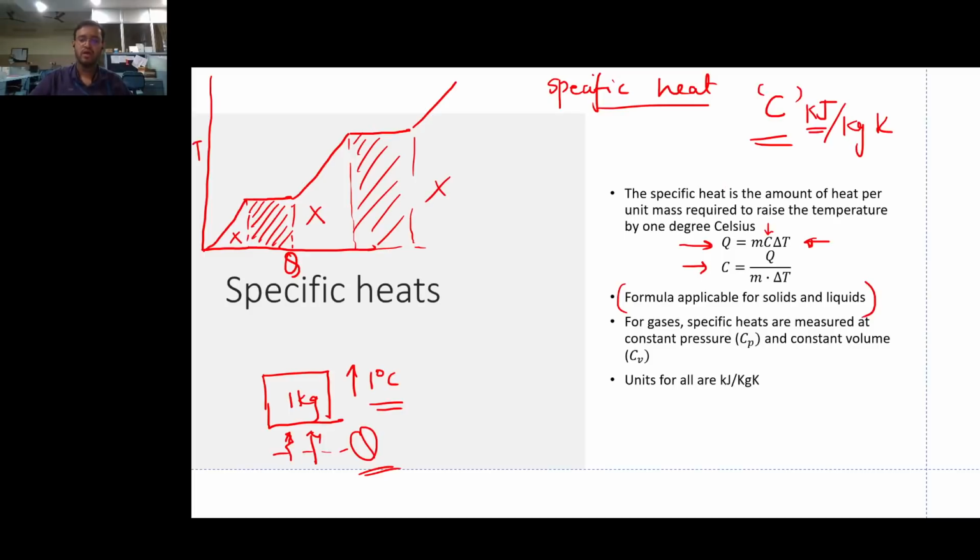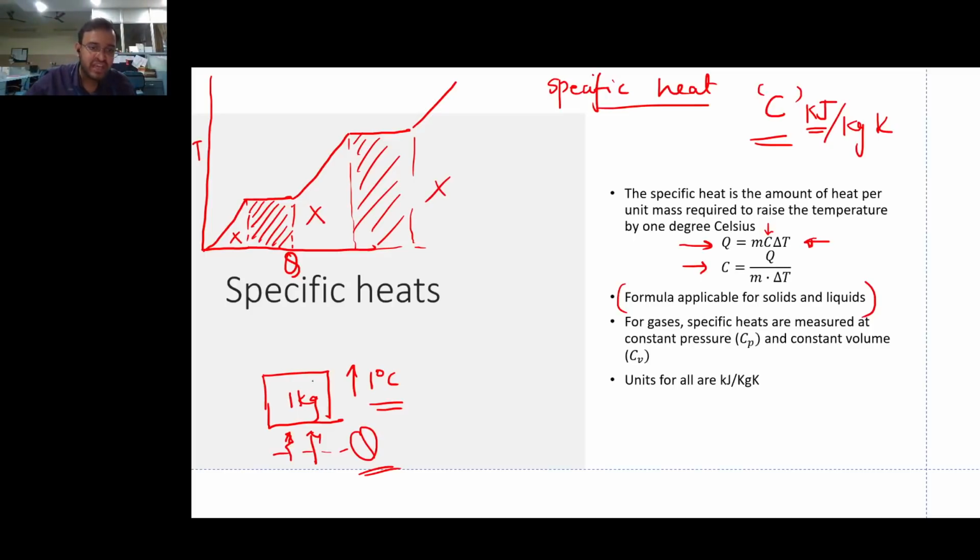However, in the case of gases, when you do this measurement, you come up with a problem. If you maintain the pressure of the gas as constant, you will get one value. And if you keep the volume of the gas as constant, you will get a different value. So what's happening in the case of gases?